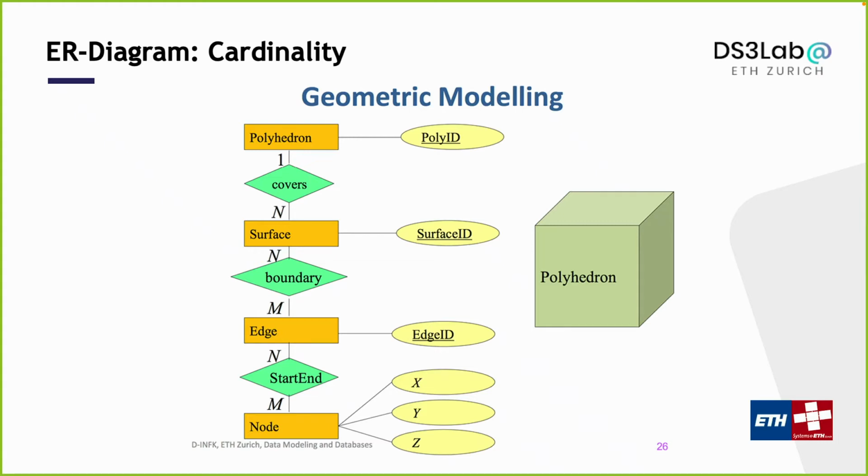Each polyhedron has a whole bunch of surfaces, and they together form a polyhedron. Then each surface is defined by a collection of edges, and each edge is defined by 2 nodes in the three-dimensional space. And for each node, I have the x, y, z coordinates associated with it.